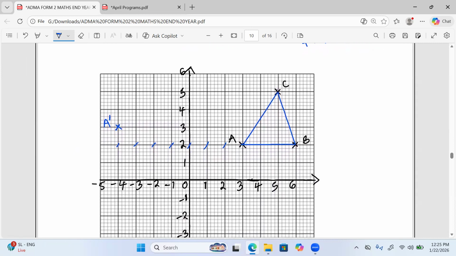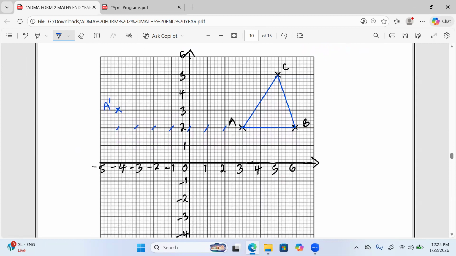Let's proceed to point B. From B, we move 1, 2, 3, 4, 5, 6, 7, then 1 unit upwards. This is B prime, and finally we get C here.